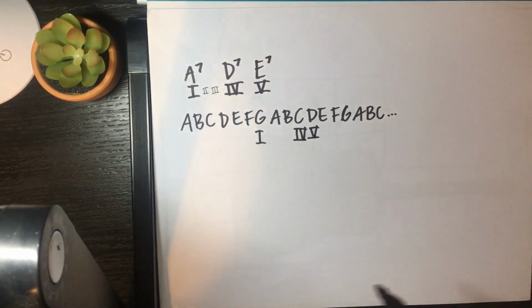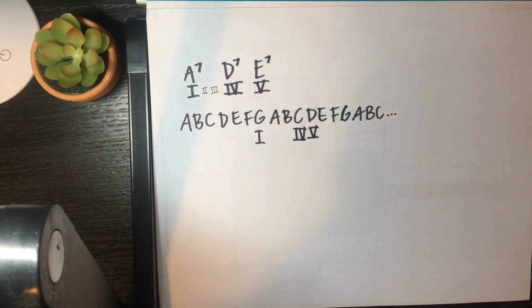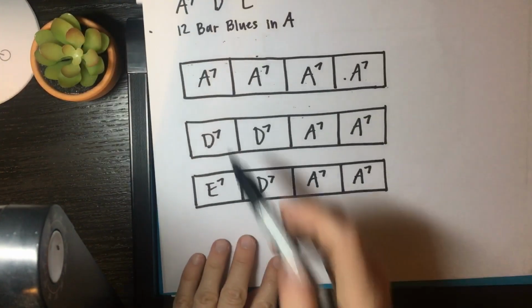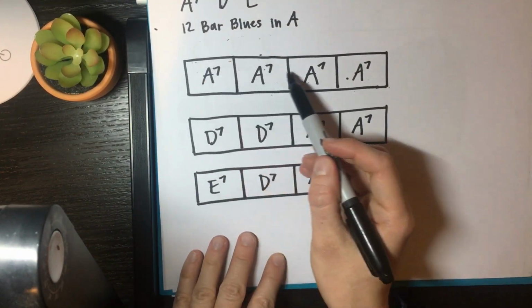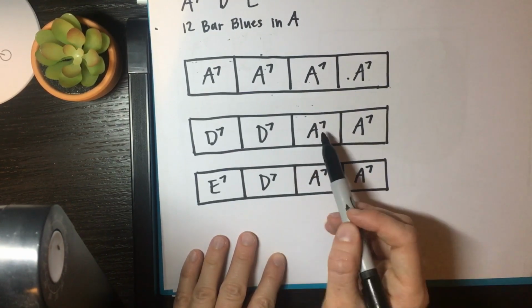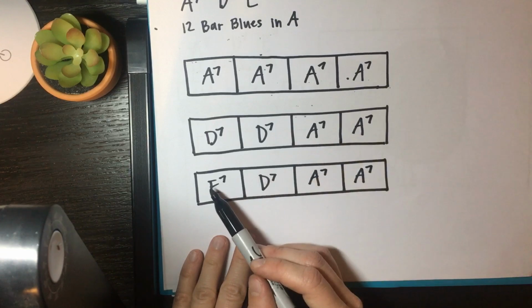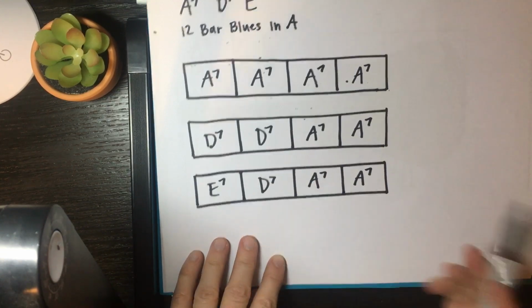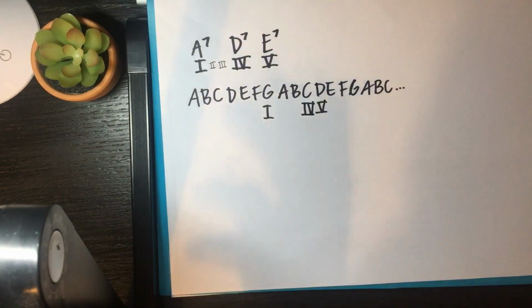So you could take the same exact progression that we just played before, and instead of starting on A, you could start on G, and it would be G all the way up here, and then C, and then back to G, and then D, C, G. So maybe that's a little confusing right now, but that's okay.